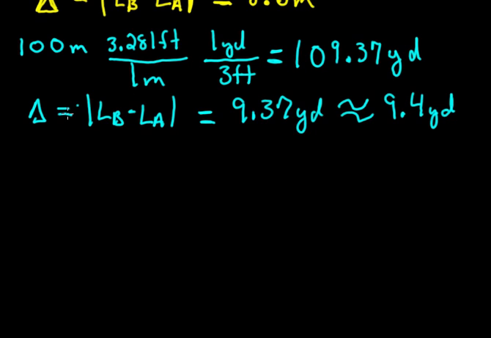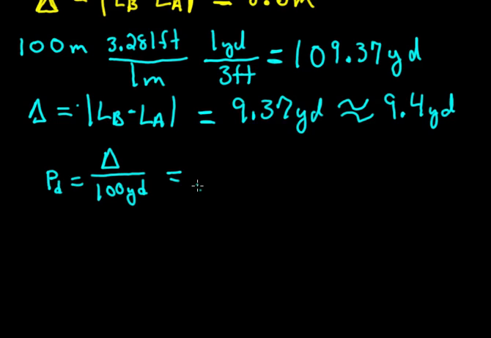So we can actually say that the percent difference, PD, is the delta divided by the length we're looking to measure, which in this case is 100 yards.